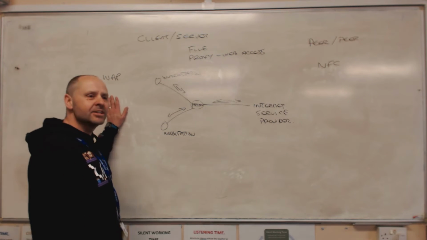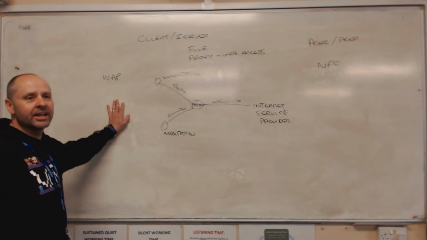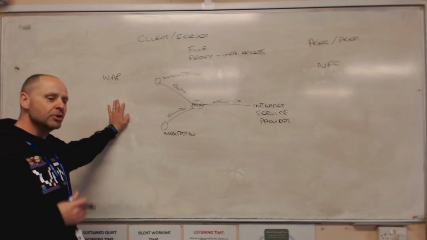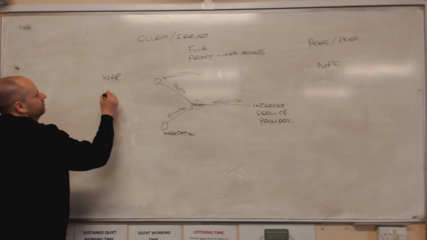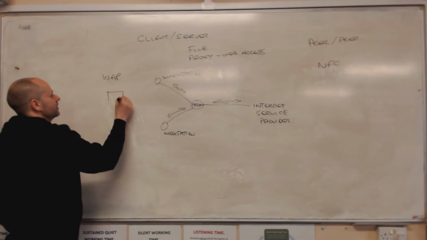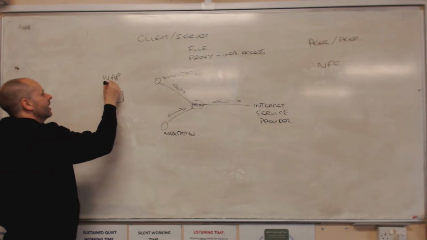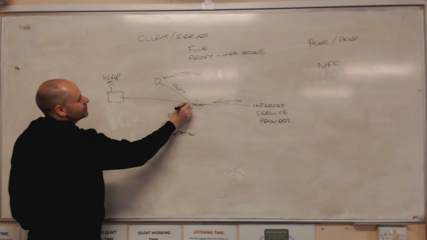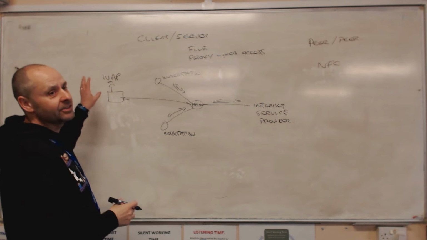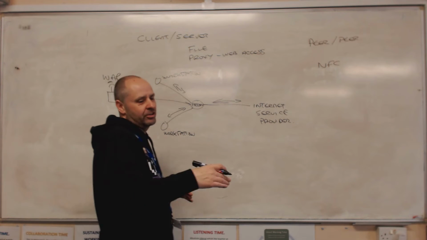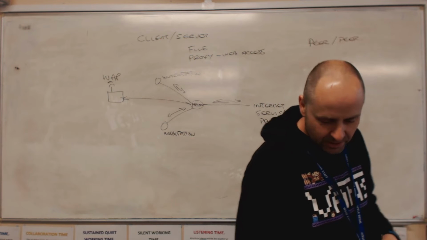But yeah, wireless access point, this provides a connection to your network using wireless, and then that wireless access point might be wired back to your network. But you can roam and connect to that, and then the data gets transferred through your network.